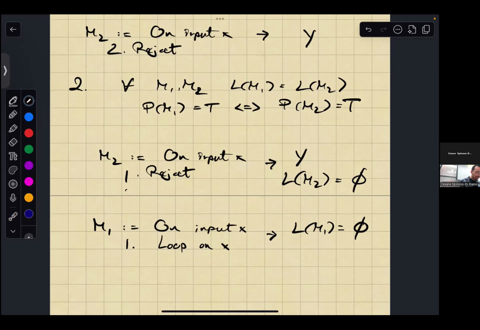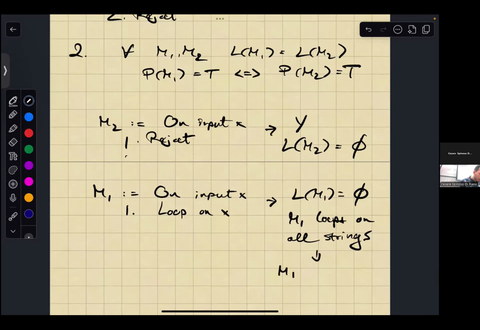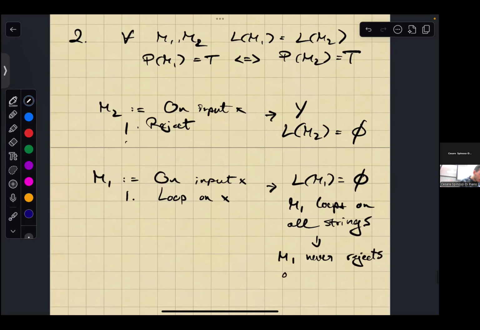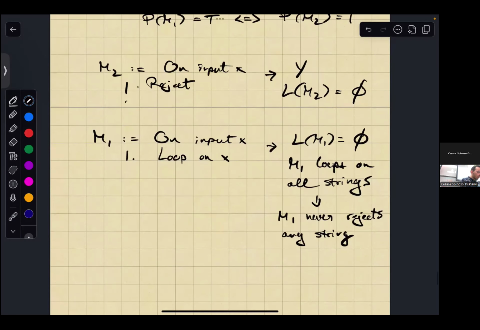So that means that M1 loops on all strings, which means that M1 never rejects any string, right? So that means that even though these two Turing machines accept the same language, M2 is a yes and M1 is instead a no.